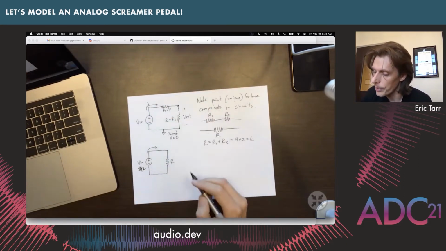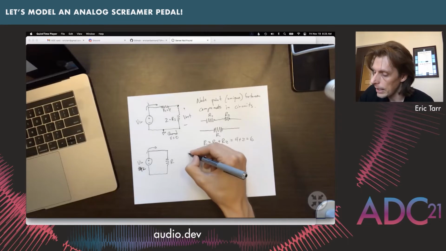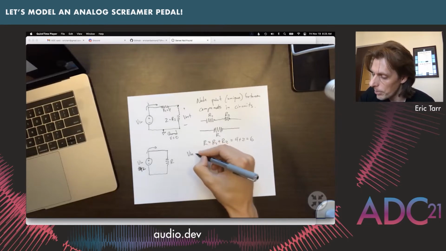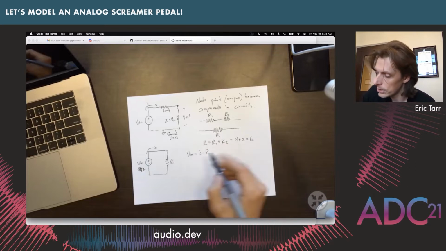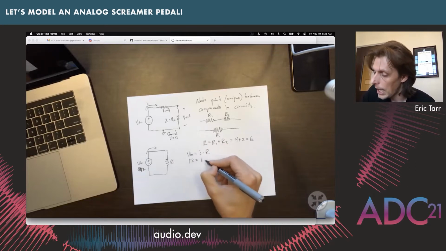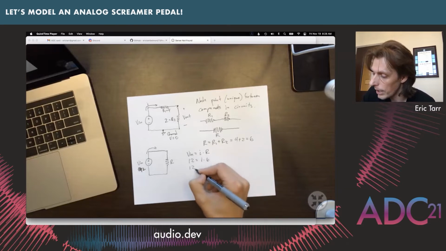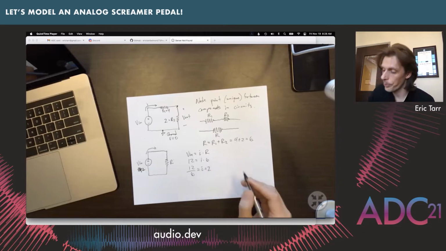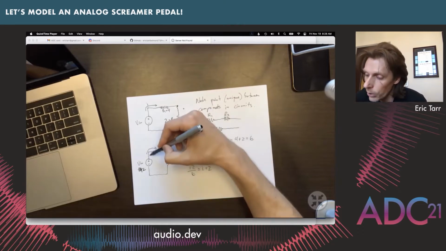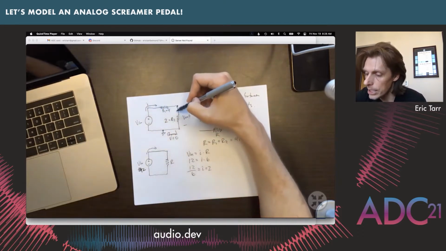We had our relationship before: our voltage input is equal to some current times our resistor R, which is 6. So we have 12 equals I times 6, so 12 divided by 6 equals I. Our current is equal to 2. That is the current flowing through both of these resistors.